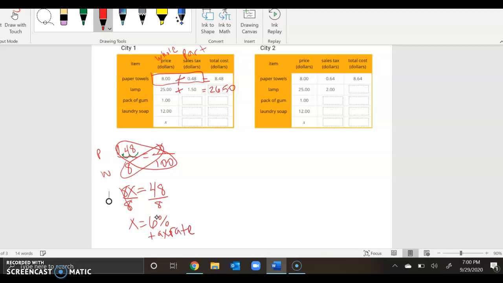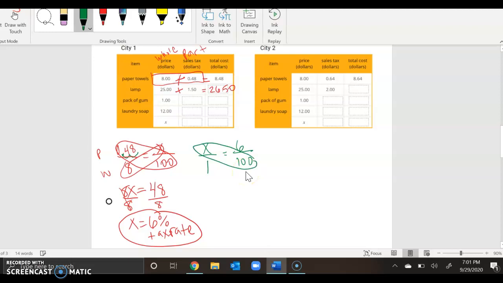for city 1. So now that we have our tax rate, we can figure out what our pack of gum is going to cost us. So we're going to use 6% this time. Okay, we do not know the tax, so it's going to be X. And then our total for our pack of gum is 1. So we cross multiply 100 times X, 6 times 1.